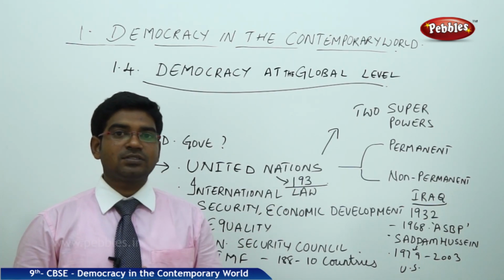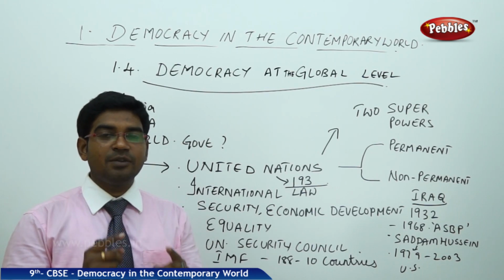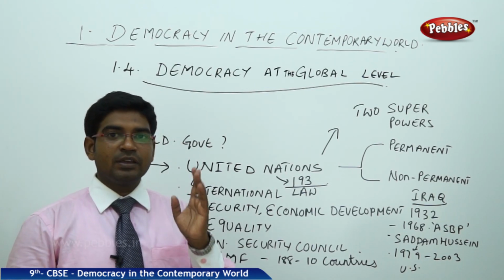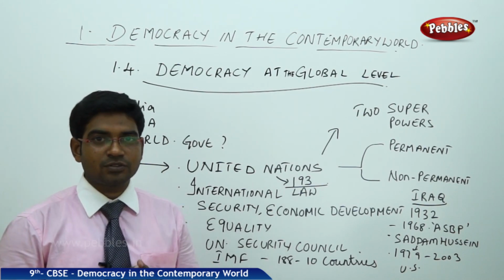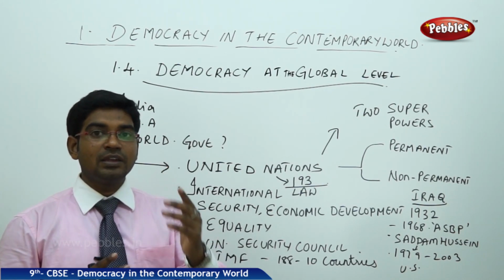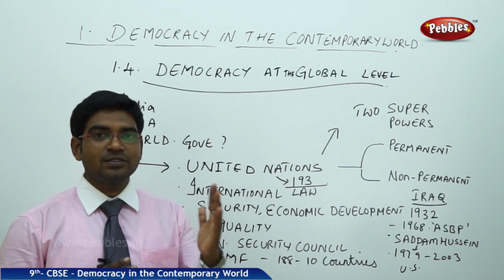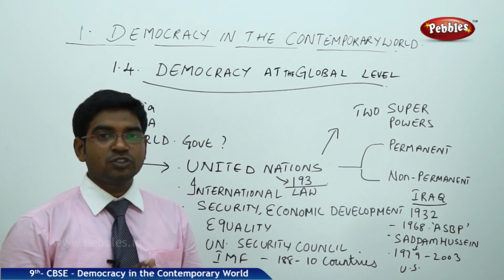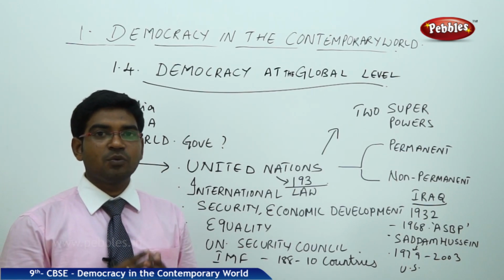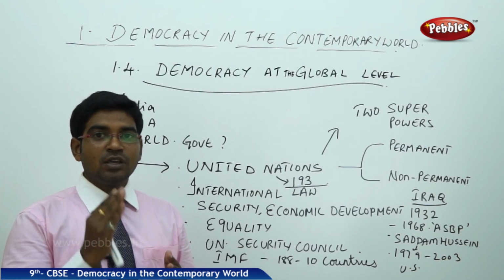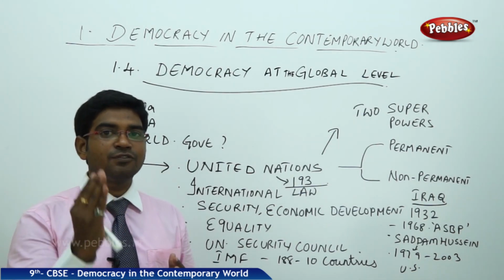The United Nations was born after a series of deliberations which happened after the Second World War. The League of Nations literally failed when the Second World War came. So we needed a much stronger organization which can stop such world wars from occurring in the future.